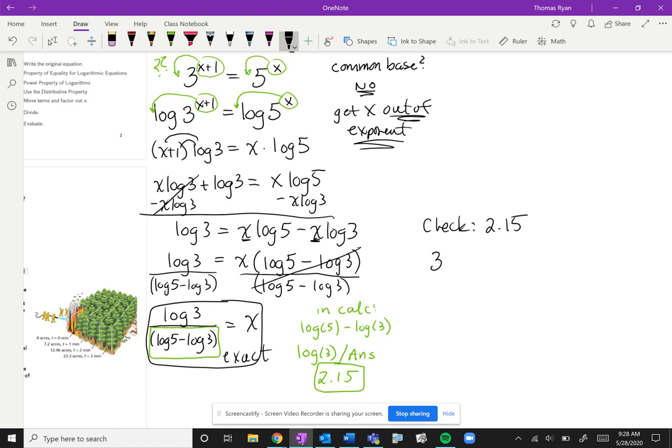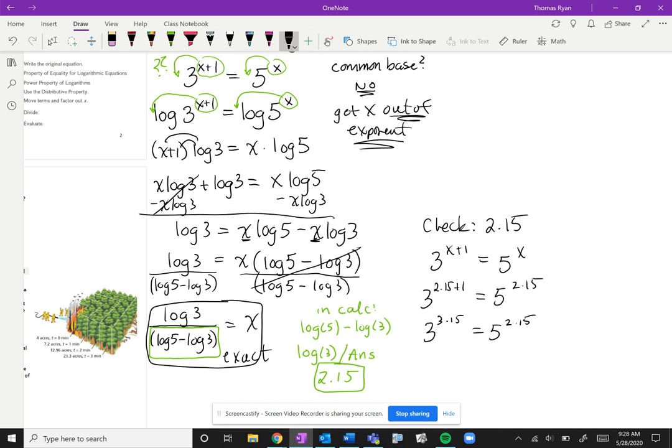Remember our original was 3 to the x plus 1 equals 5 to the x. So 3 to the 2.15 plus 1 equals 5 to the 2.15. So does 3 to the 3.15 roughly equal 5 to the 2.15?